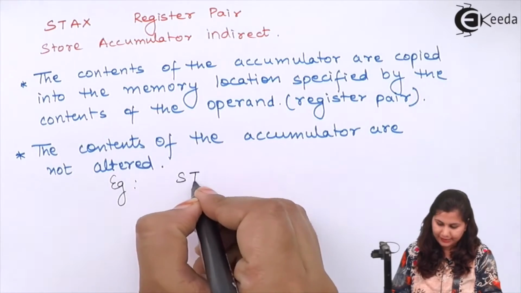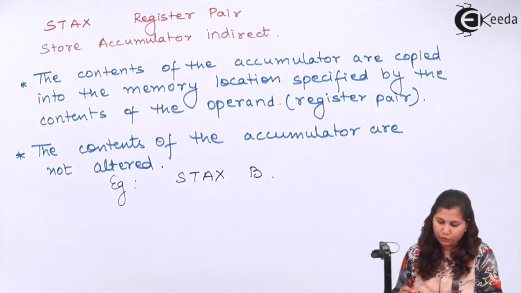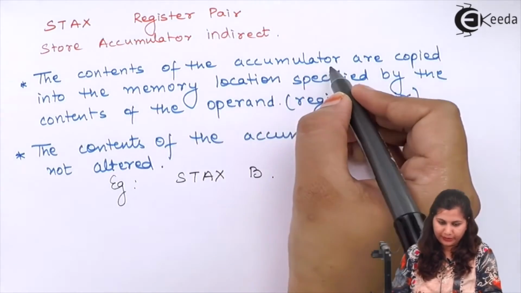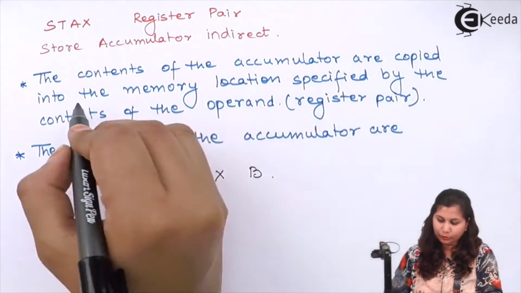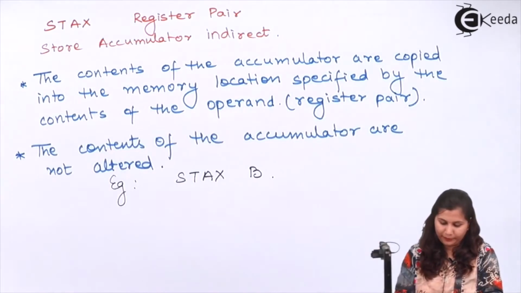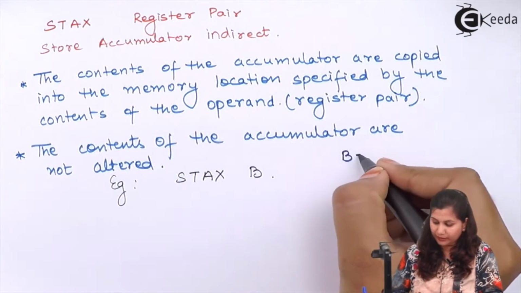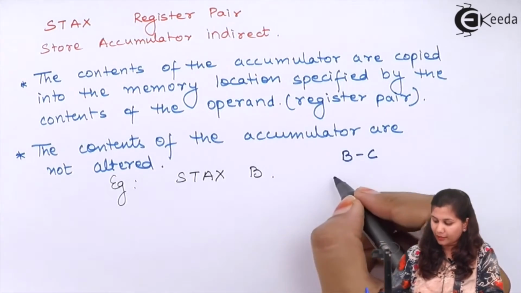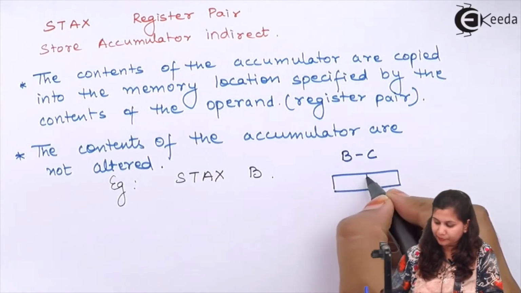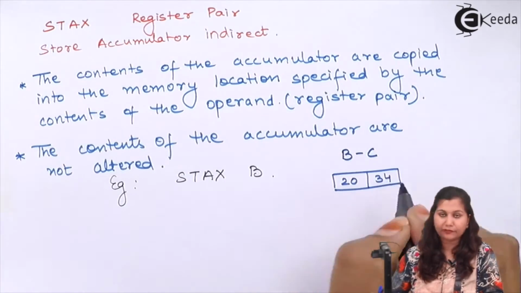If we take an example, we have STAX B. So the contents of the accumulator are copied into the memory location which is specified by the operand. Now this is our B register, so it is showing the BC register pair. Now this BC register pair is, suppose, having the memory location 2034.